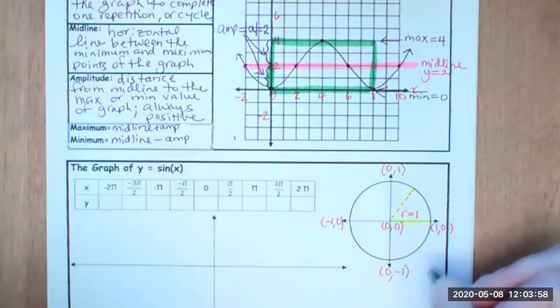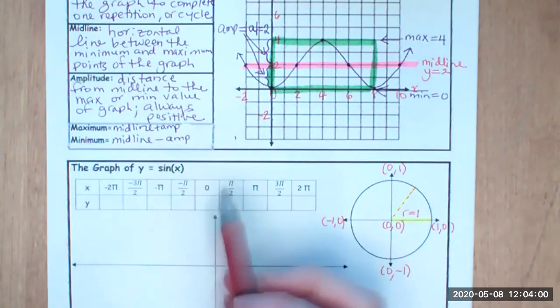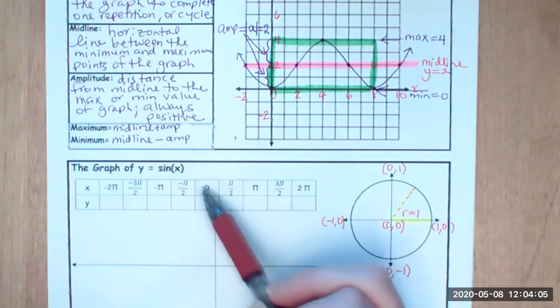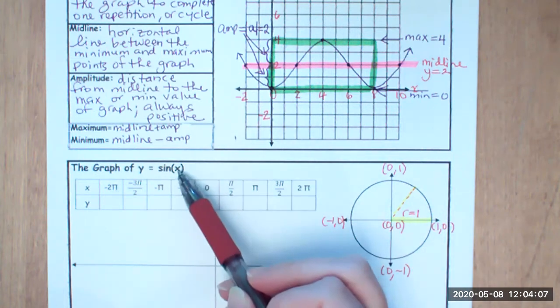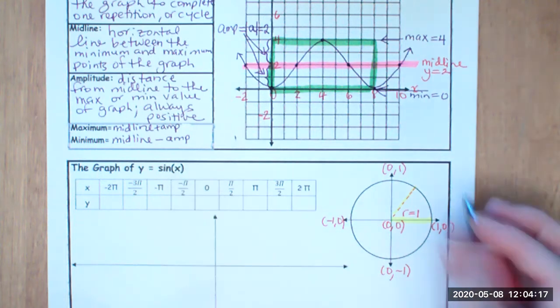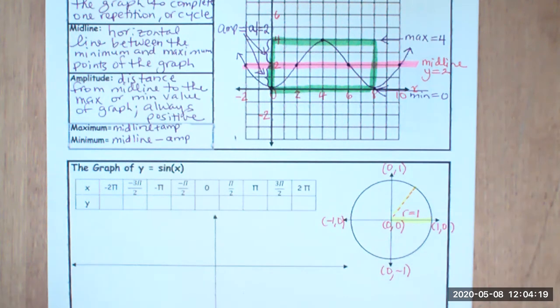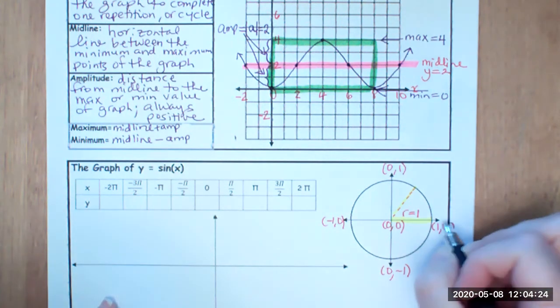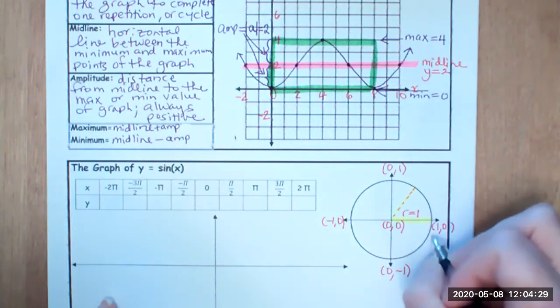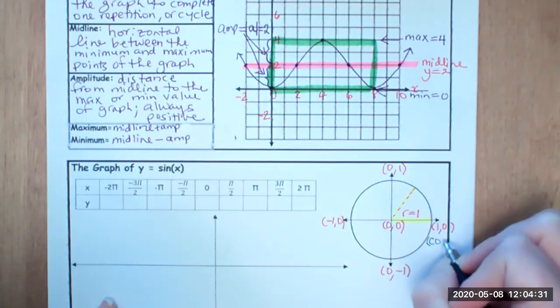Okay? Now, as you can see here, the variable we're using to represent the radian measure in this particular case is x. So x is the measure of the angle in radians. Rather than using theta here, we're using x. And so we know from what we have learned prior in this chapter that on the unit circle, the x value of a coordinate is going to be the cosine of the angle measure.